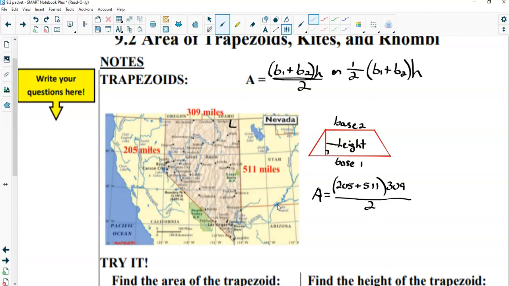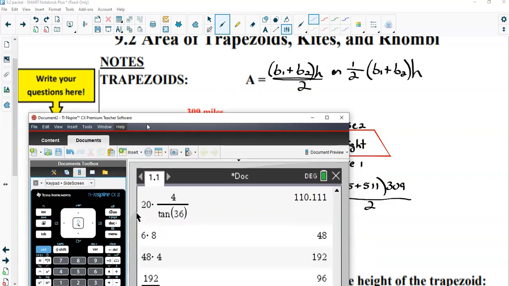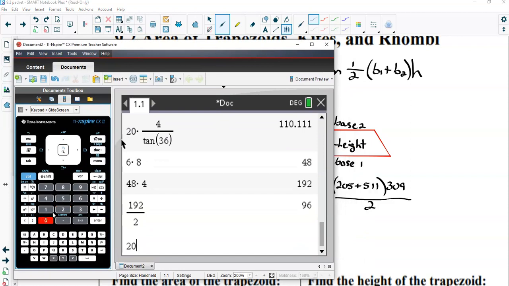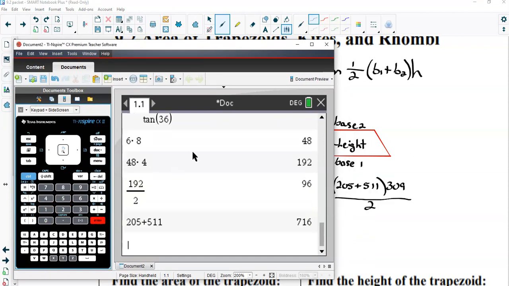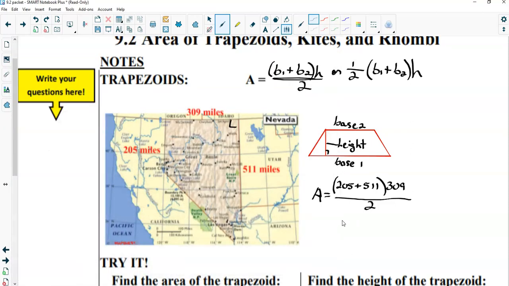Okay, so 205 plus 511. So let's put that in the calculator. That is a total of 716. So we have 716 times 309, and that divided by 2. That would be the area.